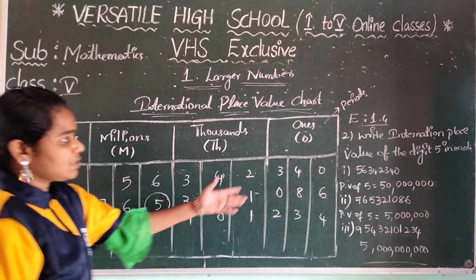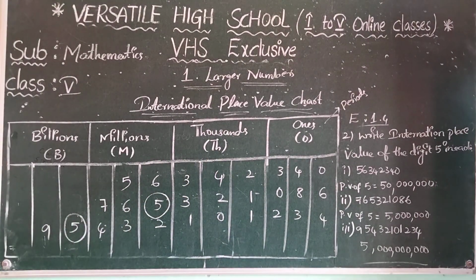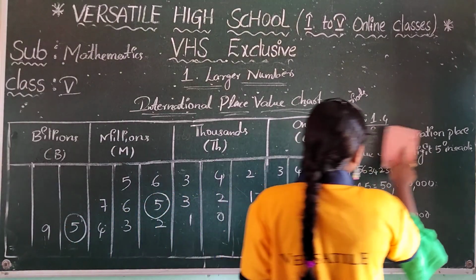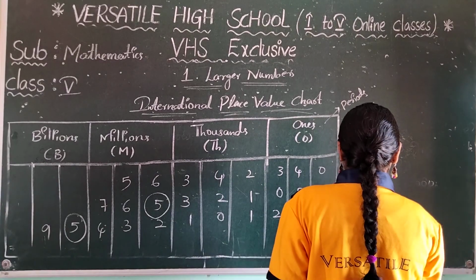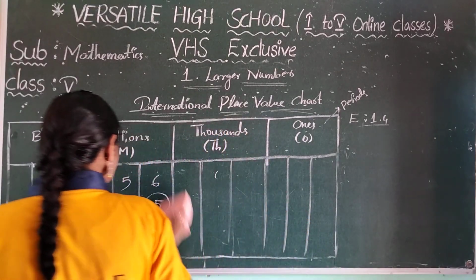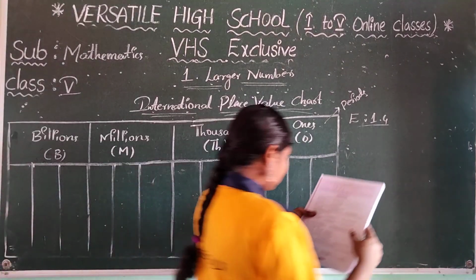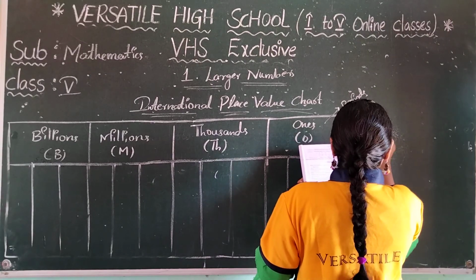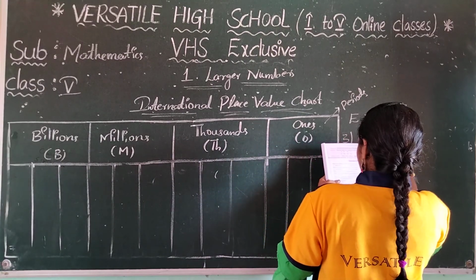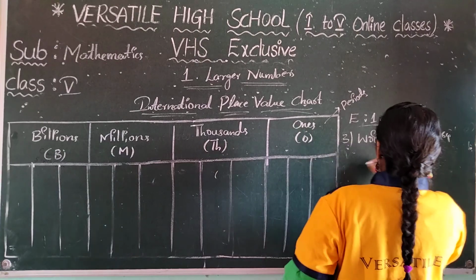Okay, this is the second bit. Now, what is the third bit? Write 2,746,476,764 in expanded form.